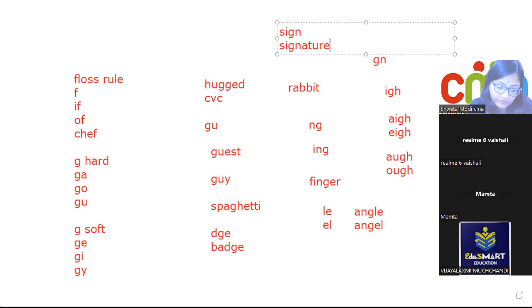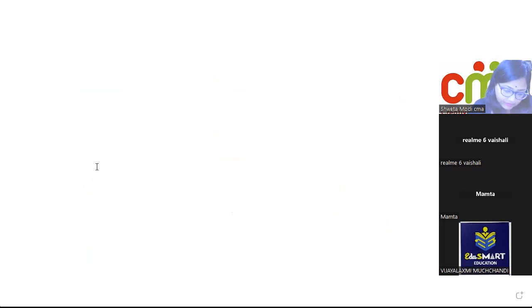Now let's come to letter H. So what is the sound of letter H? Mostly it is H, like in hat, hit. Now, many times H is silent, especially in the beginning of the word, like honest.